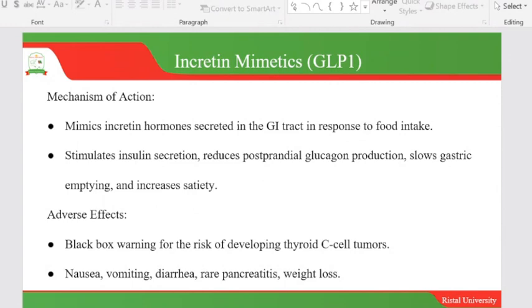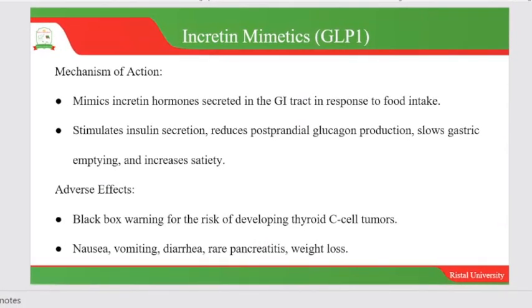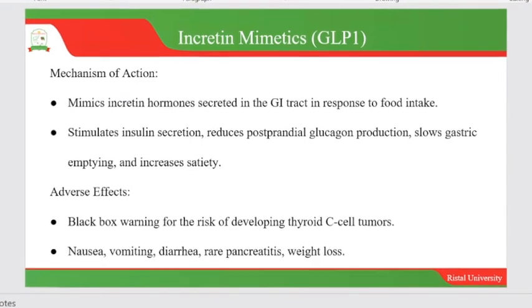They also create the feeling that the person is satisfied. Adverse effects of this drug include a black box warning for the risk of developing thyroid C cell tumors. So when this drug is used, it may result in someone developing thyroid C cell tumors. It also has some side effects like nausea, vomiting, diarrhea, rare pancreatitis, and weight loss.